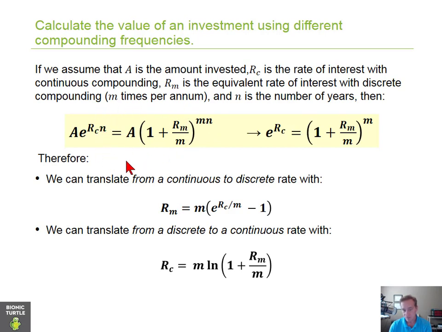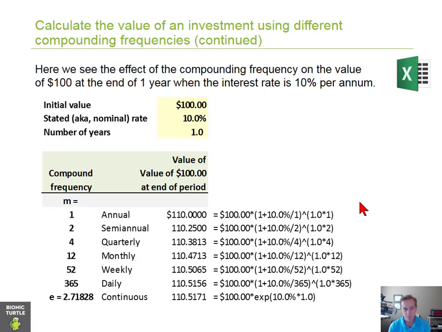But if these are equal, canceling out the A, we have a mechanism here to translate from a continuous rate to its discrete equivalent, and from a discrete rate to its continuous equivalent. So it's fine to look at these and watch me explain this, but I can tell you right now, the only way to get mastery here is to practice this with lots of examples.